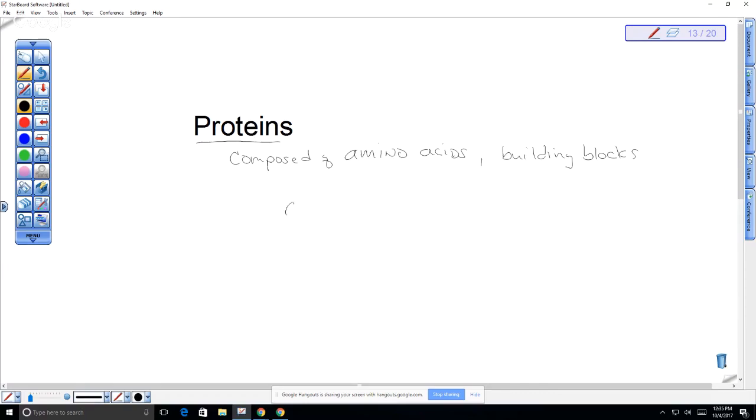So usually these are drawn looking like this. So the covalent bond between the amino acids, this is a covalent bond, and it is called a peptide bond. It has a special name.